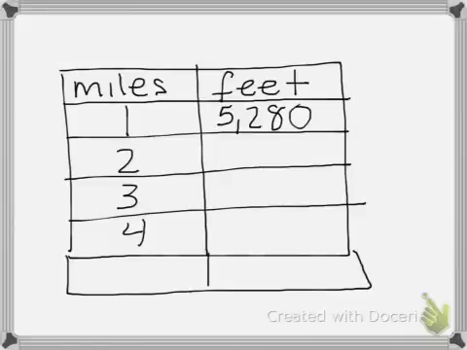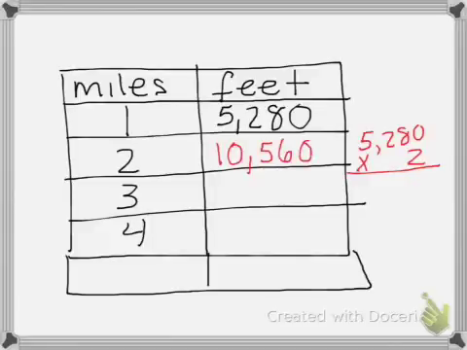If I want to know how many are in 2 miles, I'm going to have to multiply 5,280 feet by 2. So I'm going to write my problem right here off to the side. Times 2. That gives me 10,560 feet.